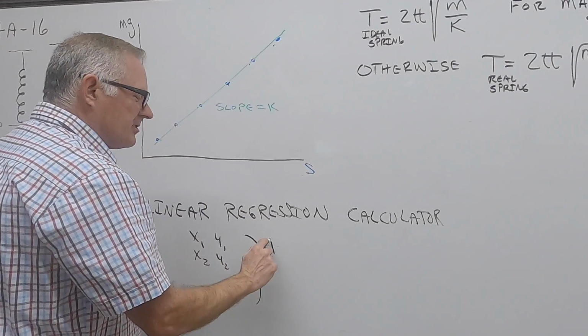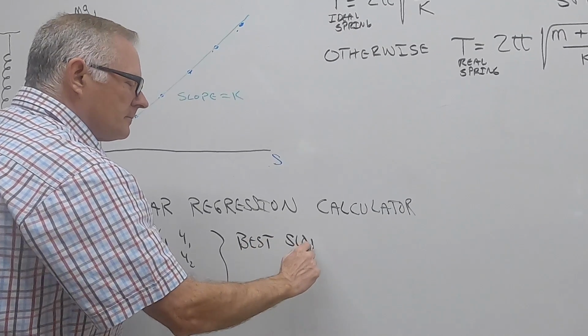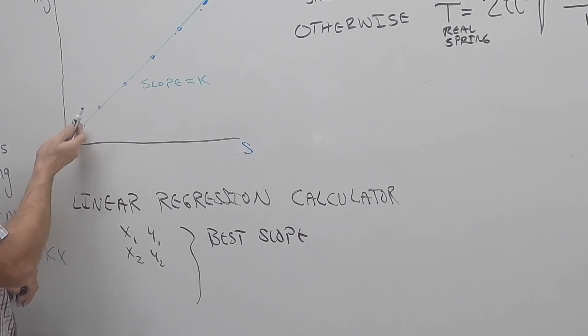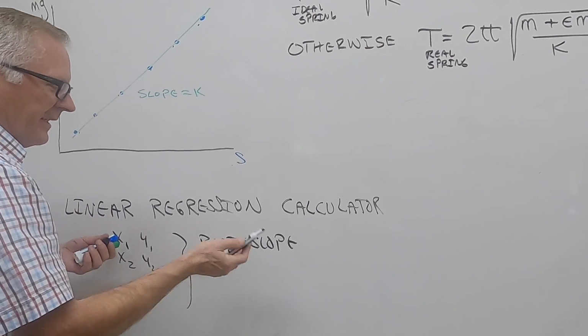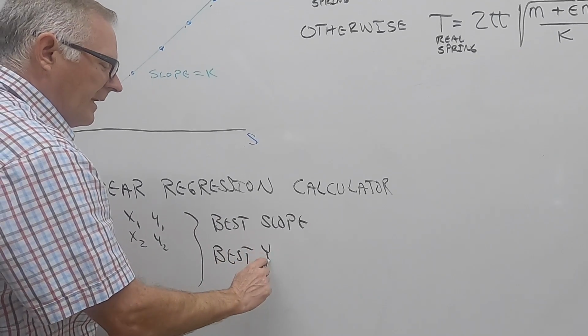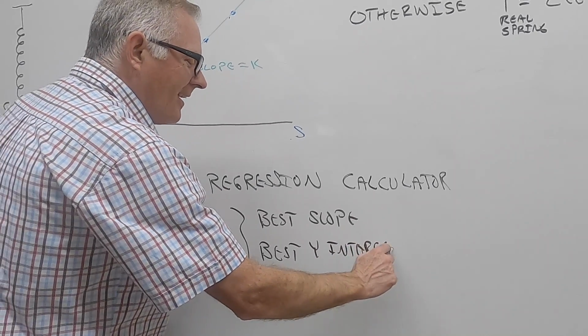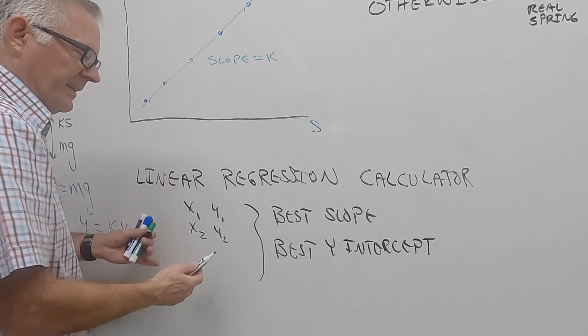It'll give you the best slope, and it'll give you the best y-intercept. We're not using the y-intercept here, but it'll also give you the best y-intercept just from a bunch of xy points.